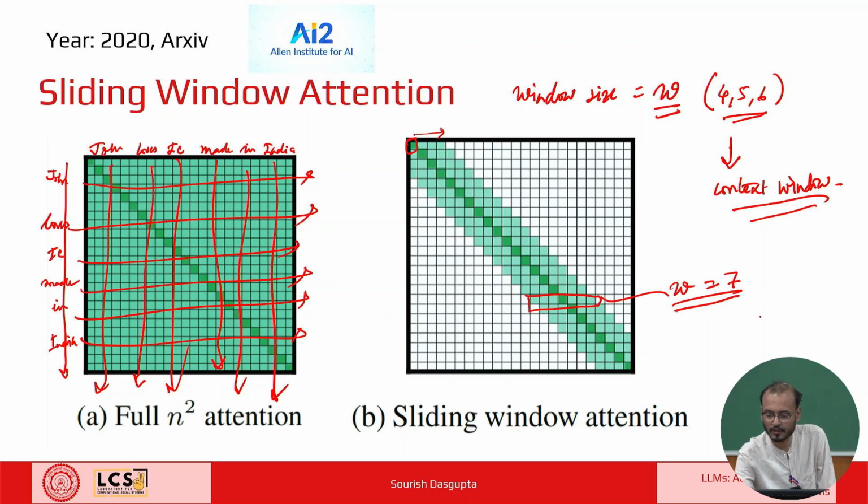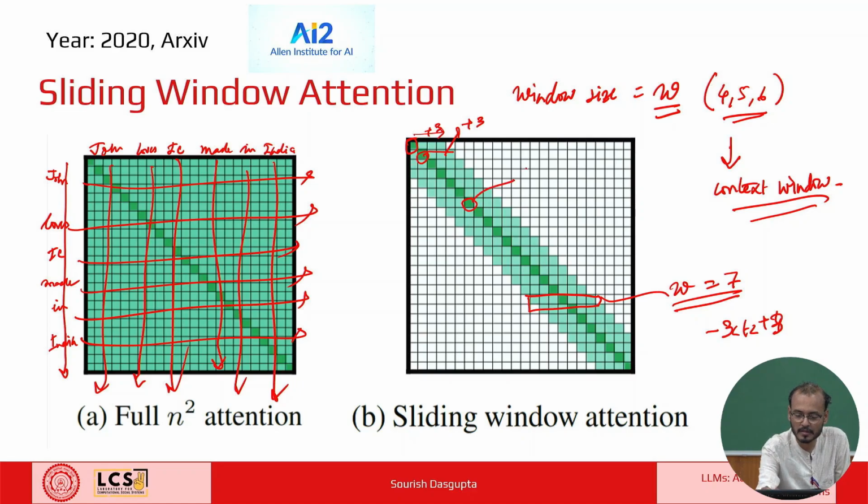So basically 7 would mean that, plus 4 over here, and plus 3 and minus 3 with respect to a particular target word, right? If this is the word, then plus 3, and this is minus 3.